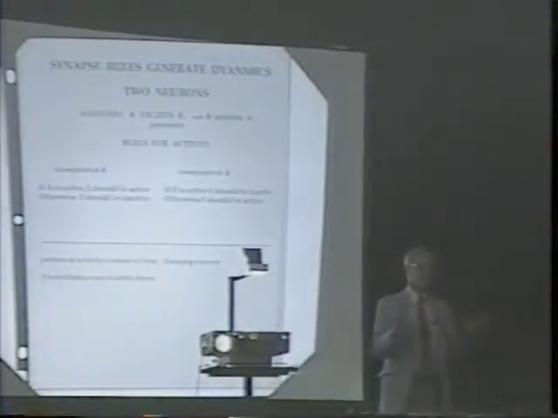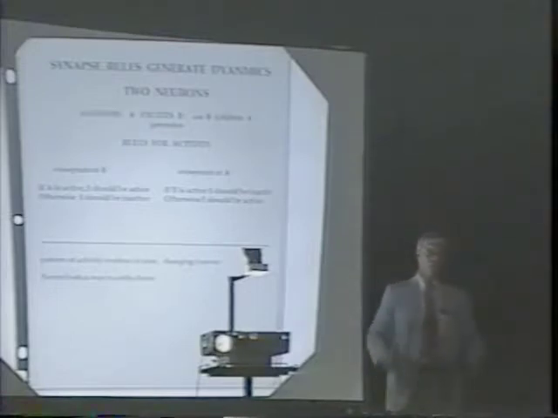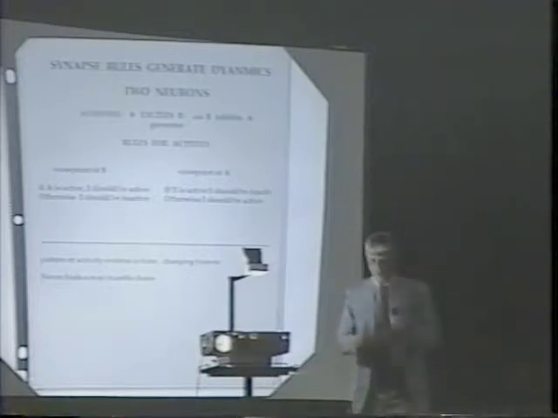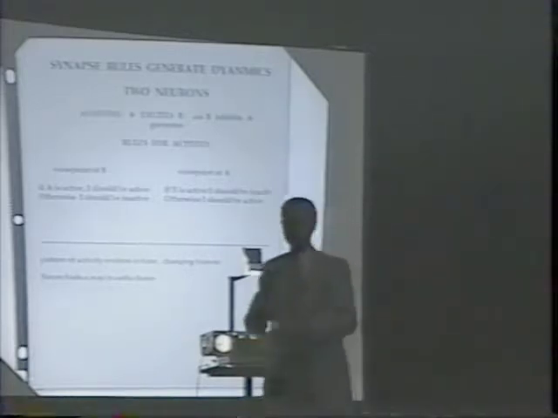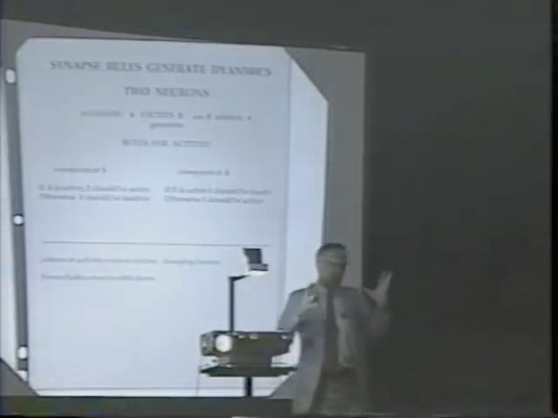Now, for some purposes, you need activity patterns which keep changing in time. Goodness knows, if I'm giving this talk, if my activity patterns sort of went to a stable state and stopped, it would just end there. Or if I'm walking across the floor, I have to generate an activity pattern which is cyclic. But for things like retrieving associative memories, what you need is the neurons which are involved in those memories to go to one of these stable states and stop.